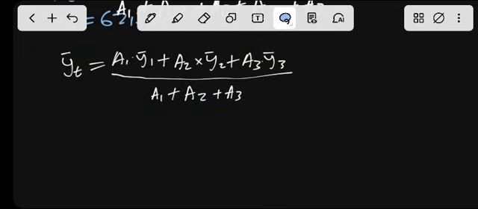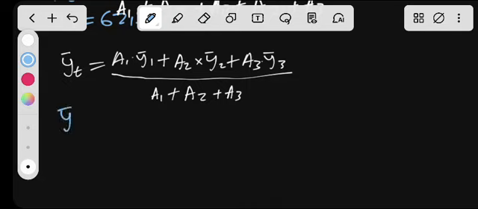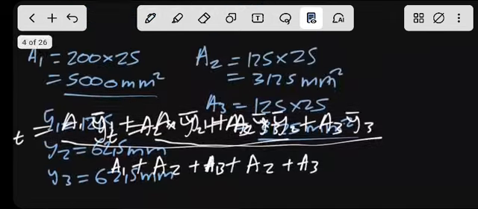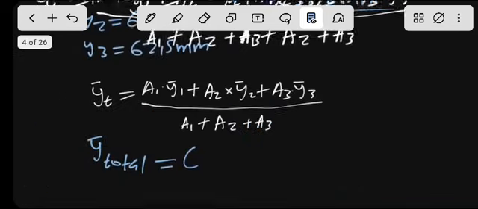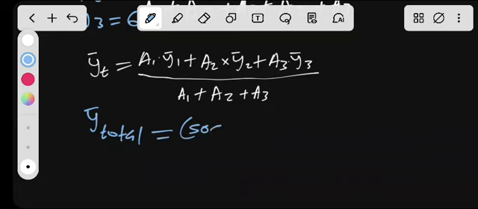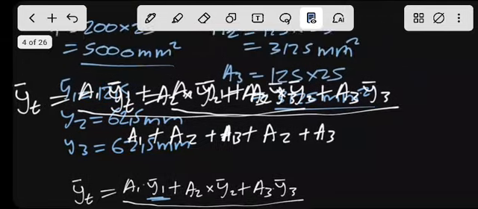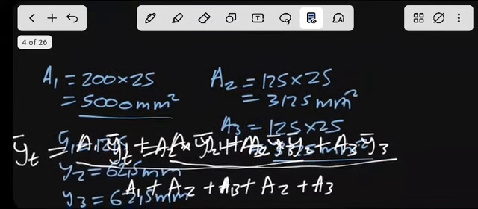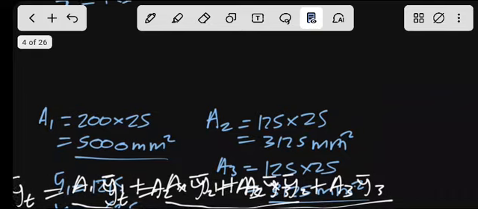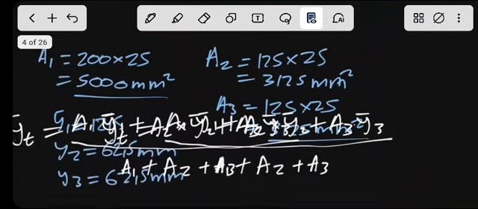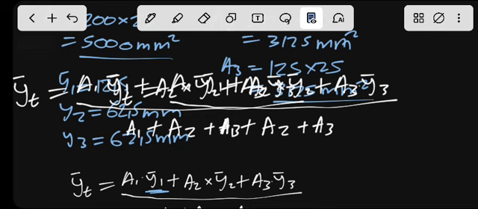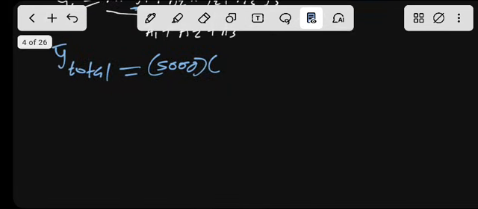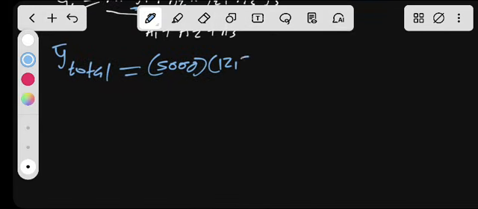So y bar total, this is our total one. Area 1 is 5,000 millimeter squared, so 5,000 multiplied by y bar. What is y bar? It was 12.5, isn't it?